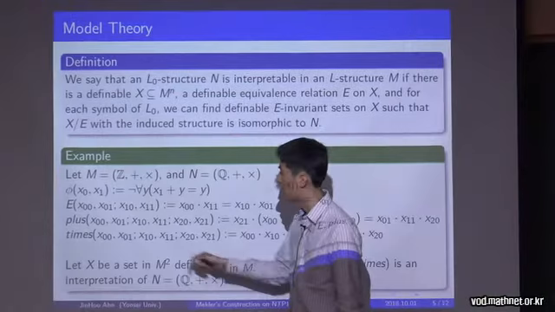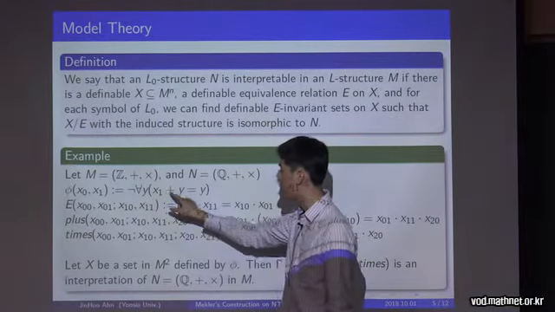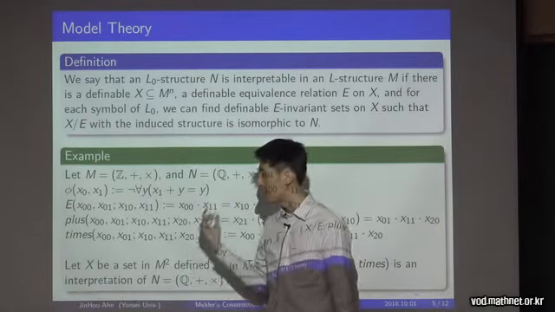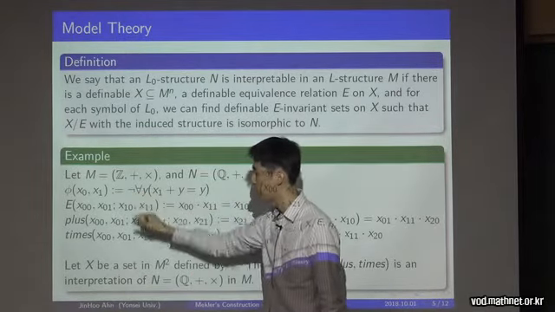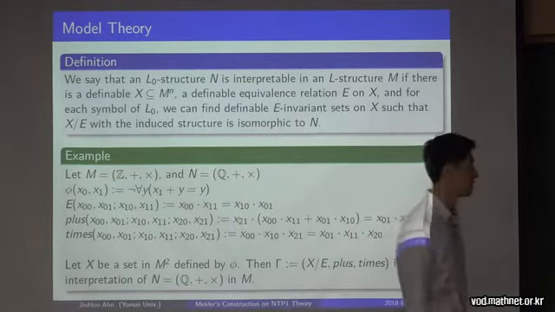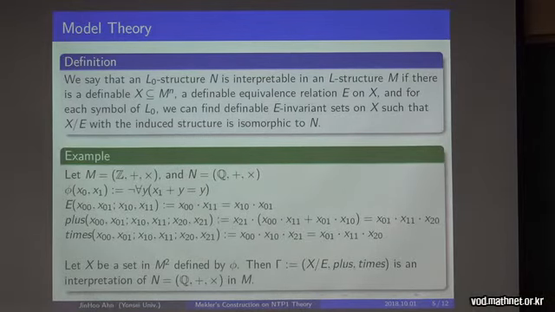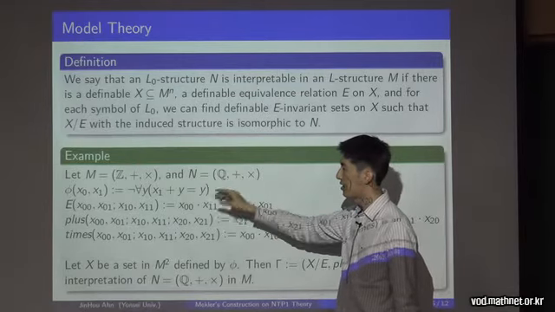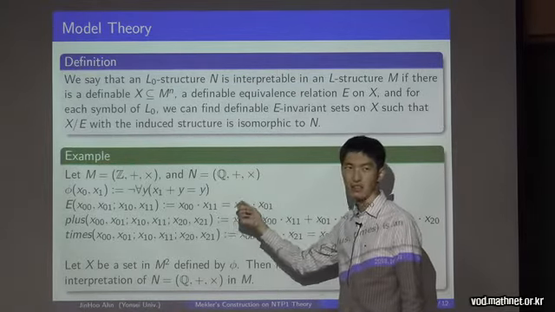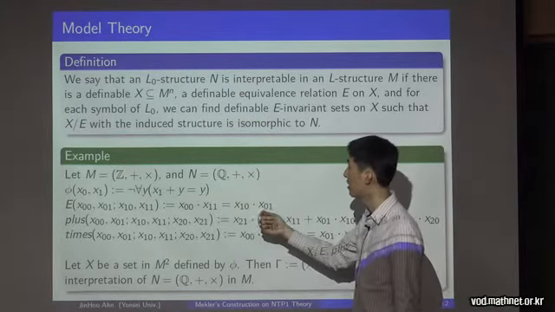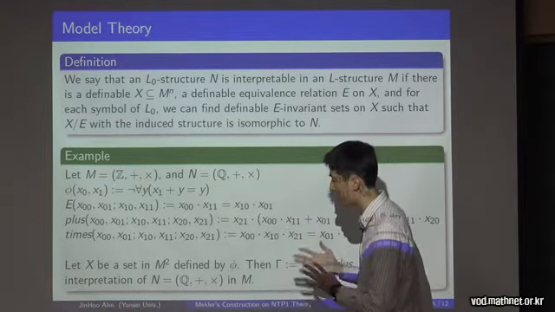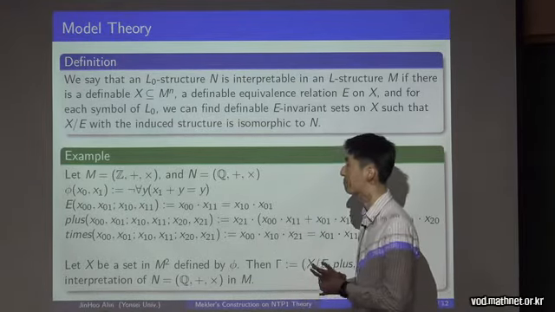So you use that for y, x1 plus y is y, and then we wanted to say it is not 0, so make a negation sign. So that's it. This one just says that x1 is not 0 by using only the plus and times language, addition and multiplication language. Okay?